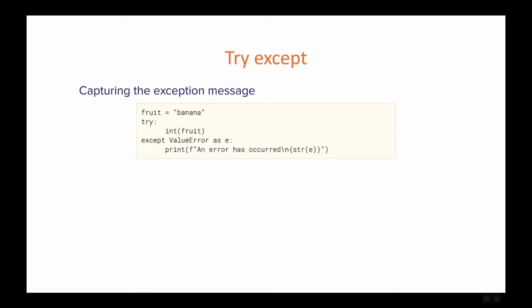Now there is a message, like we said, to each error, and there is a way to catch that exception message. We can say except ValueError as e, and e will contain the message from that error. So we can say an error has occurred, and we can print out the message that was given to us.